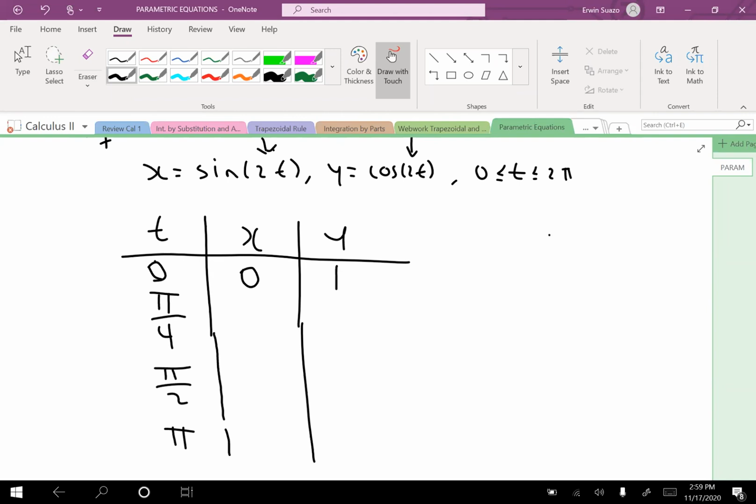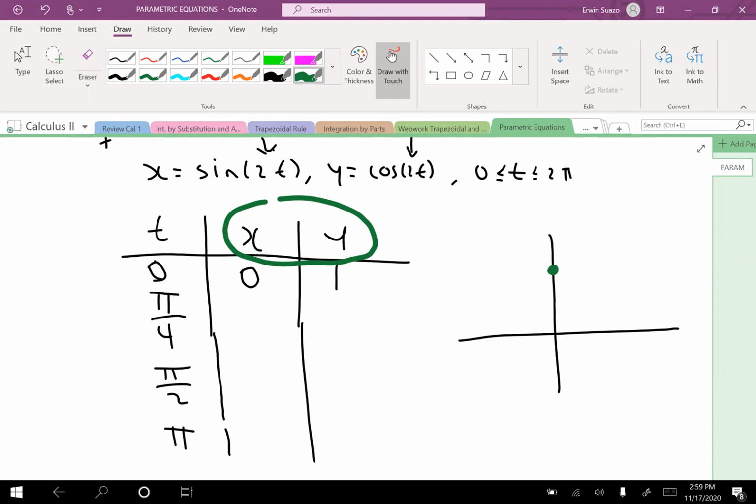So x is 0, y is 1. I'm over here. So you see, just my beginning is different, right? My beginning in the other case was in a different place.